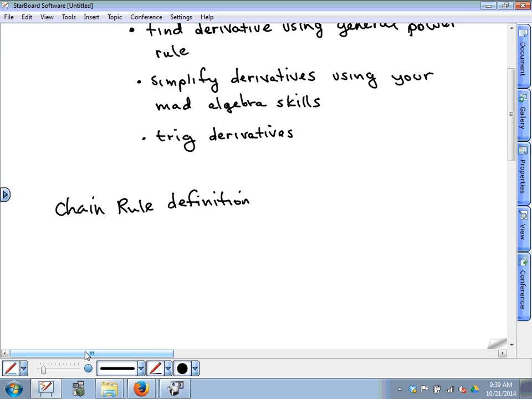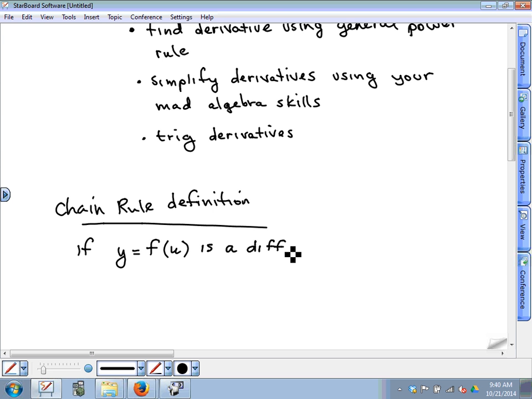Chain rule definition. It's really a theorem, but if y is equal to f of u, come on, you guys. Is a differentiable.